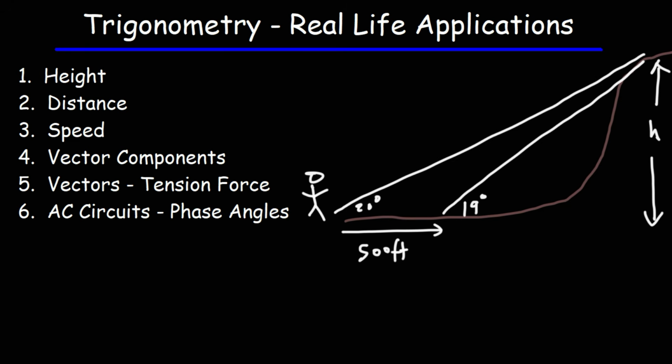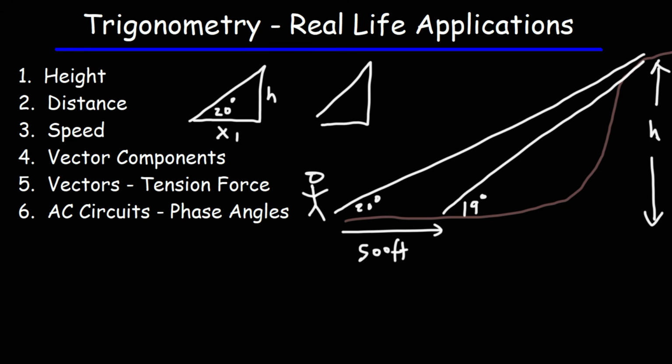What we need to do is break this into two triangles. This is going to be the first triangle with the 20-degree angle, and this is going to be the second triangle with the 19-degree angle. So I'm going to draw it here. Here's the first triangle. This is H, this is 20, and let's call this X1.